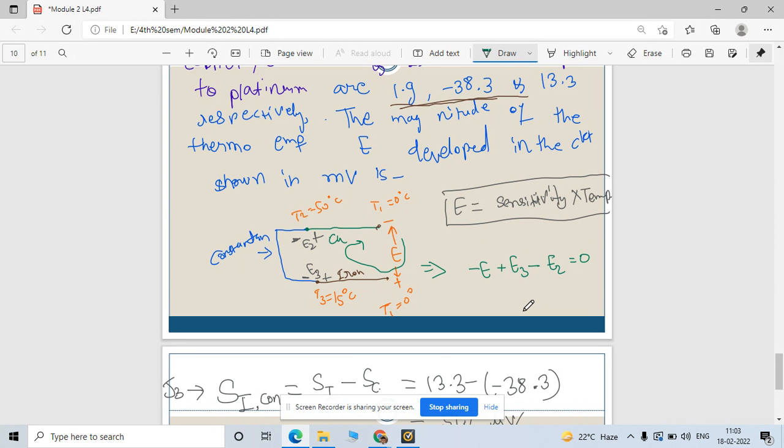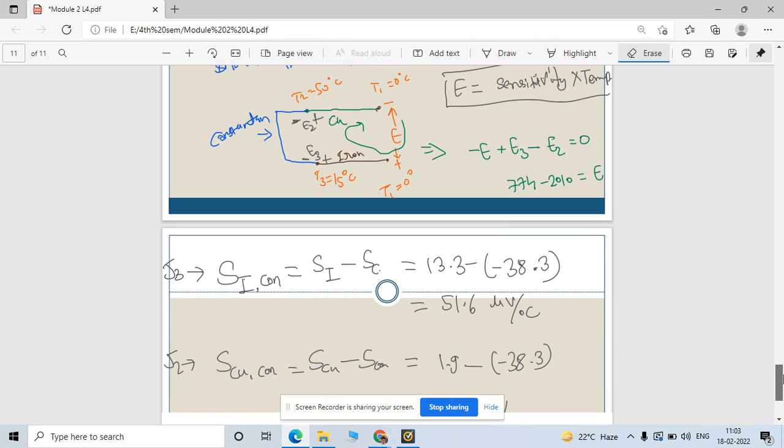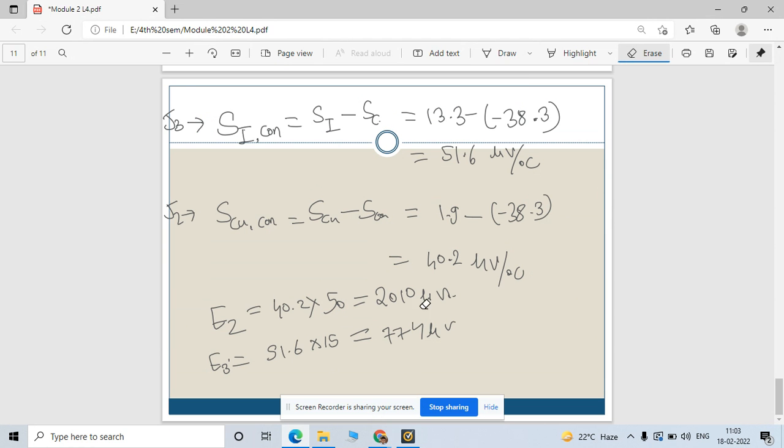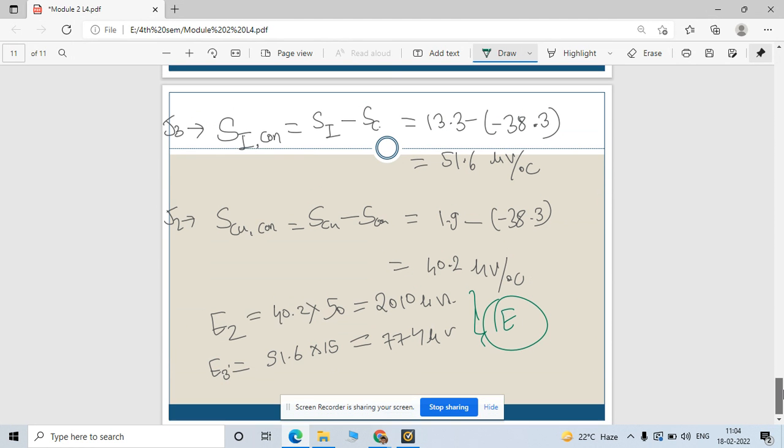So E3 कितना आ रहा है इसमें 774 minus E2 2010 is equal to E. कितना आता है आंसर? फाइंड आउट करो. E फाइंड आउट करना है इसका. ठीक है, सिंपल KVL अप्लाई करो और वहाँ पे उसका वैल्यू निकाल लो.